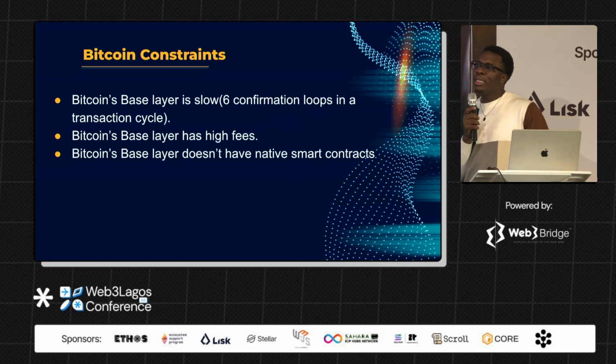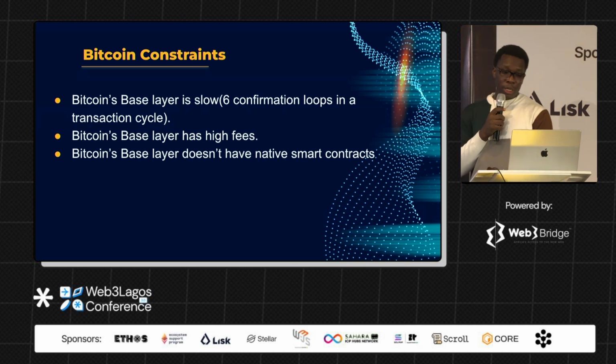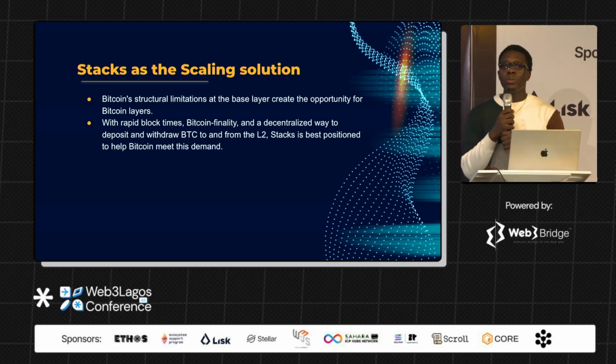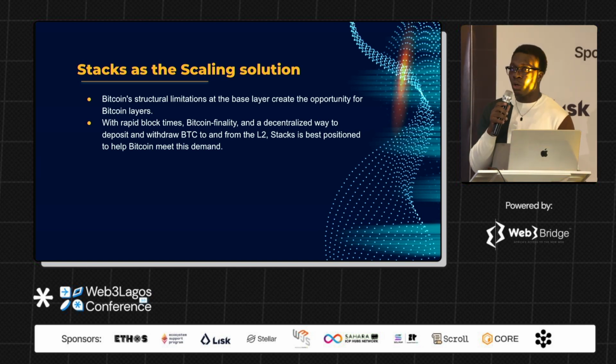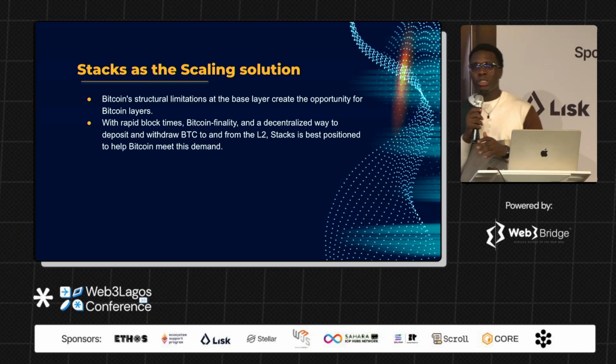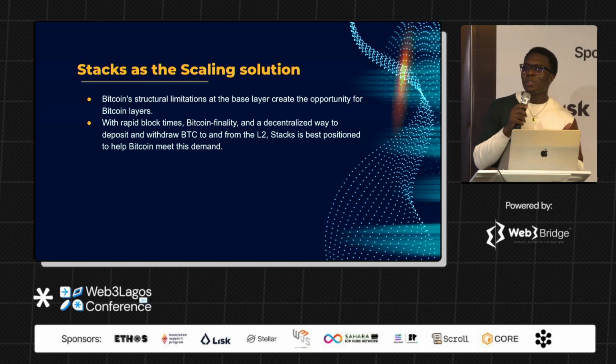Lightning, for example, is more focused on payments, using Bitcoin as a payment infrastructure. But what I'll be talking about is Stacks. Stacks is a leading Bitcoin L2, one of the leading solutions working on the limitations of Bitcoin, expanding it to give you a very robust solution.